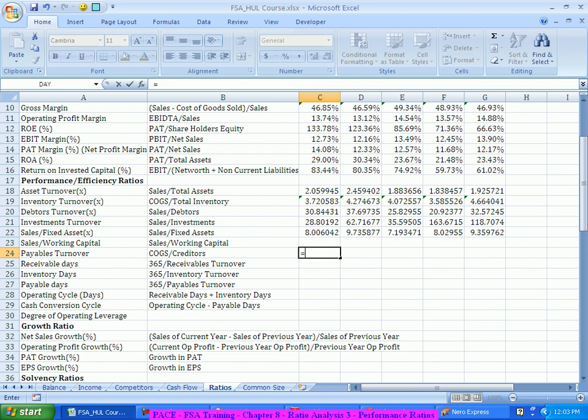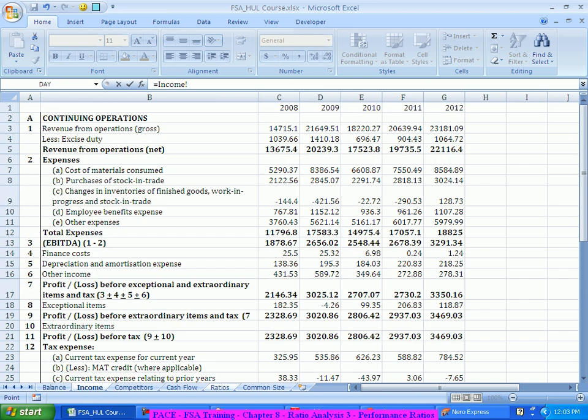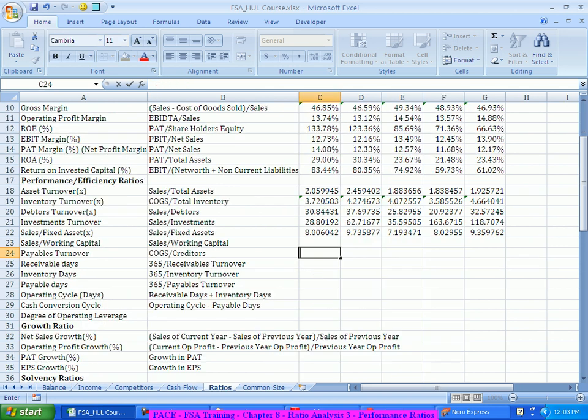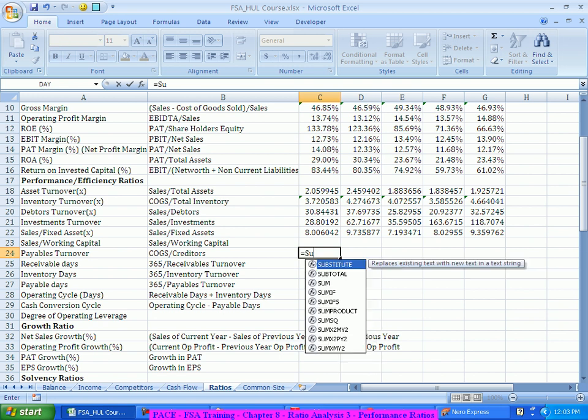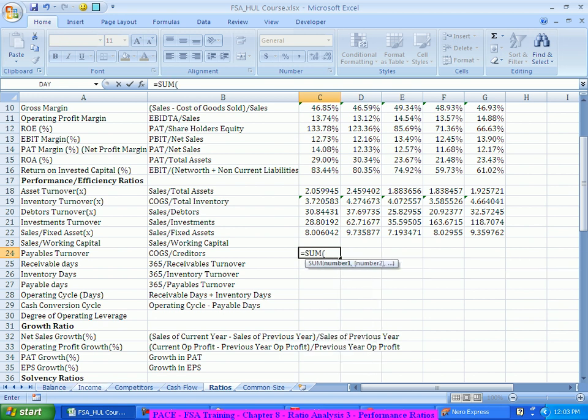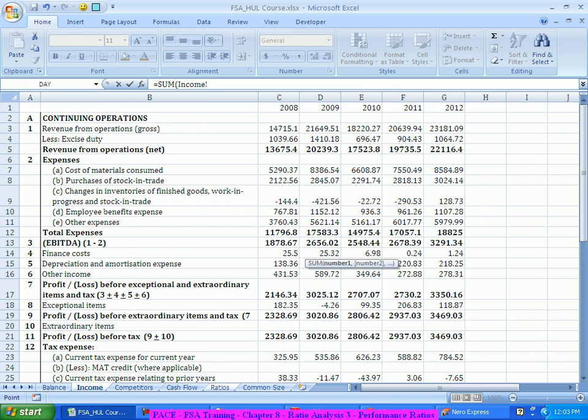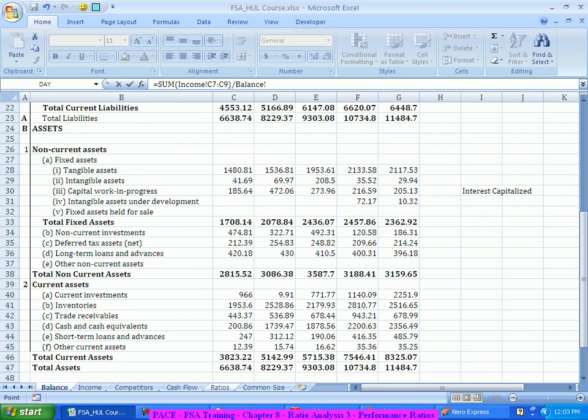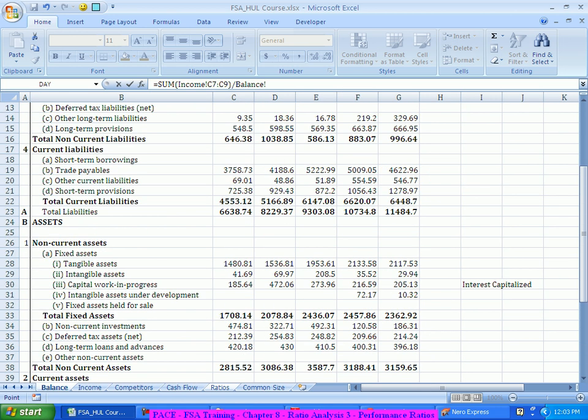So here cost of goods sold, which will be the summation of all these three. Cost of goods sold divided by your creditors. Creditors are coming up here.